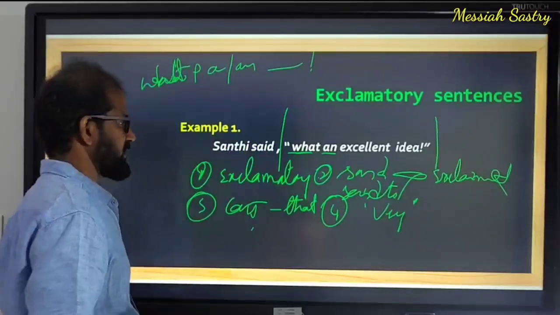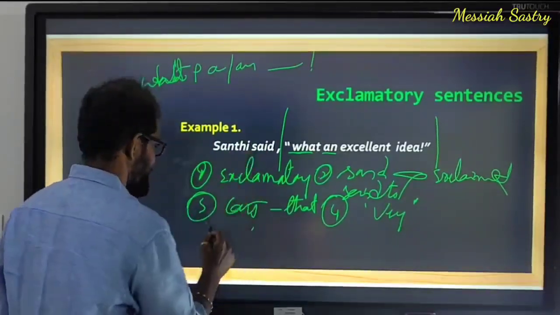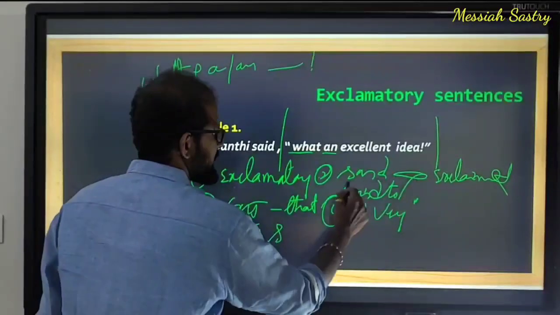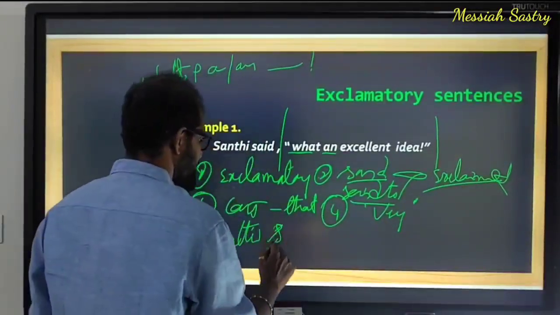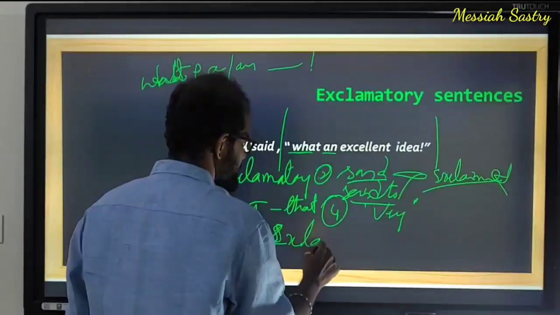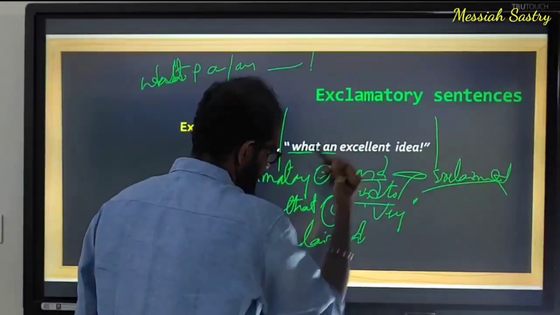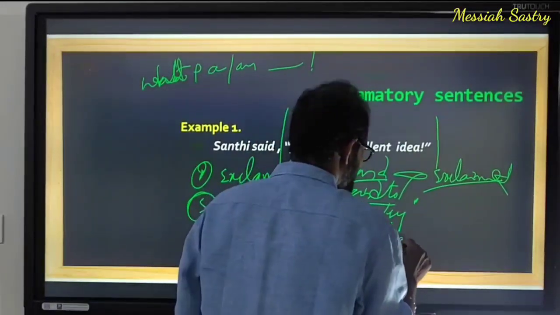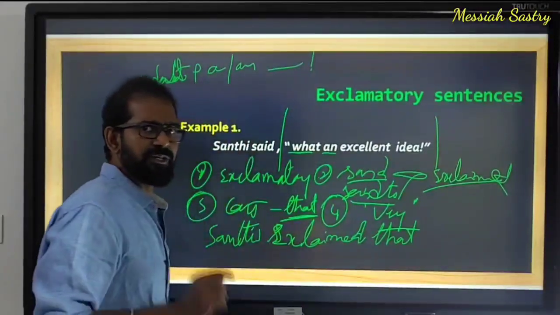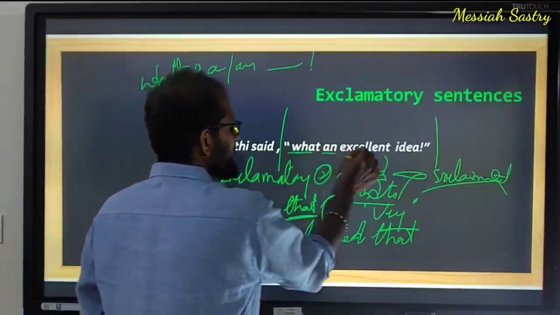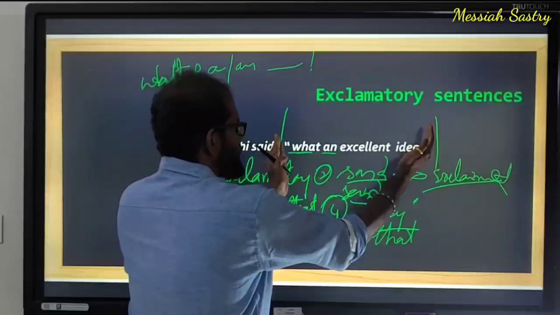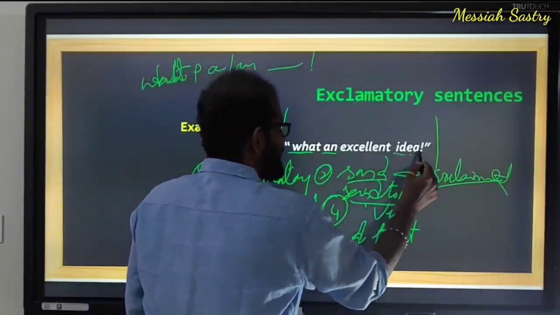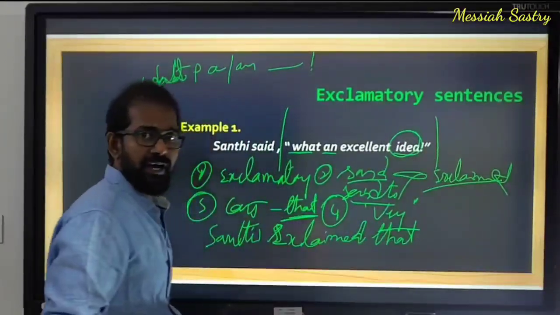Now let us change the given sentence into indirect speech. Santi exclaimed. Said or said to changes to exclaimed. Conjunction, we use that. Now here you need to note a point. What an excellent idea. This particular sentence is talking about idea.